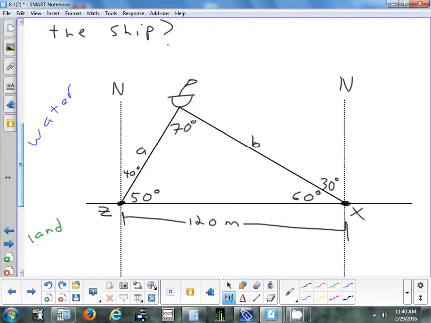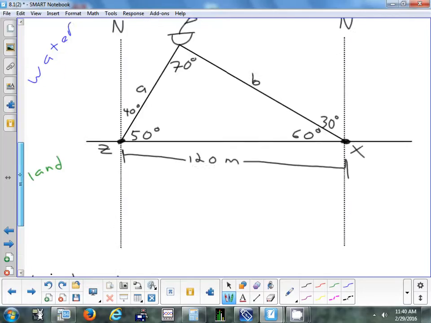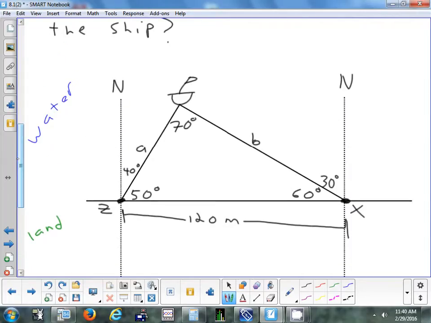All right, what would be my law of sines I would set up to find A? Yeah, Tom? Sine 70 degrees over 120. Yep, definitely going to use that for both. Sine 70 over 120 equals, and what's going to go on the other side to find A? Go ahead.